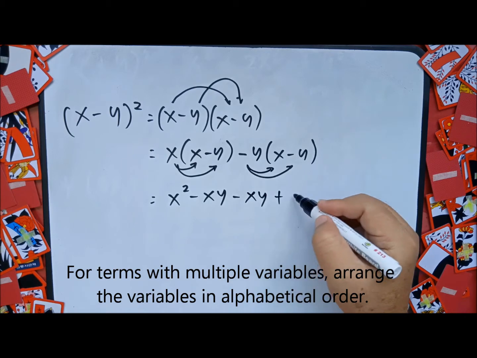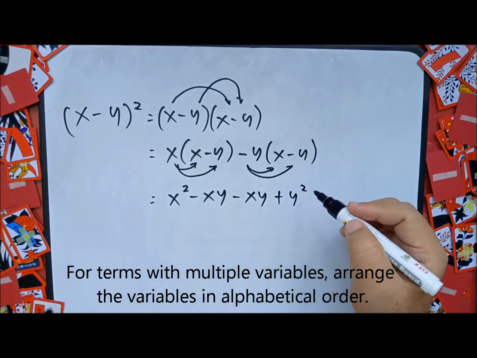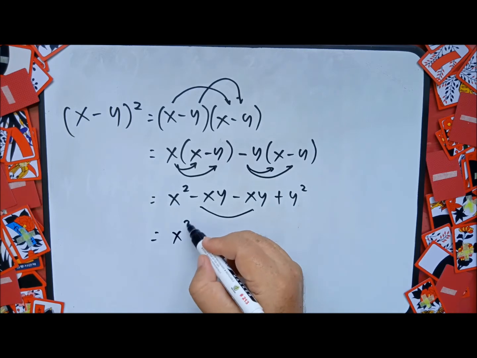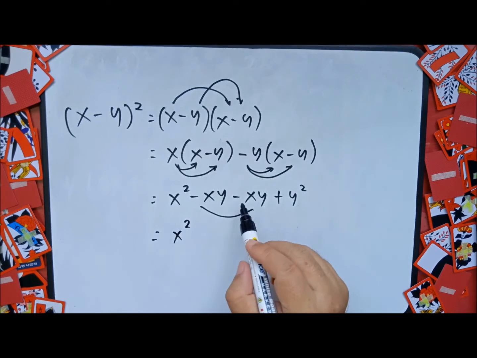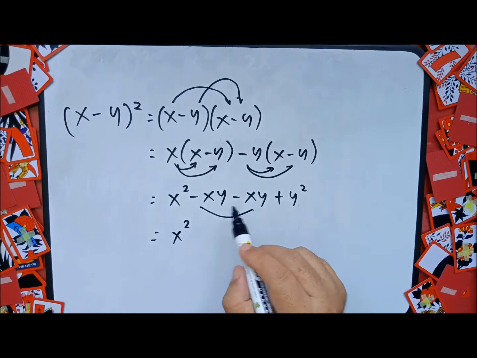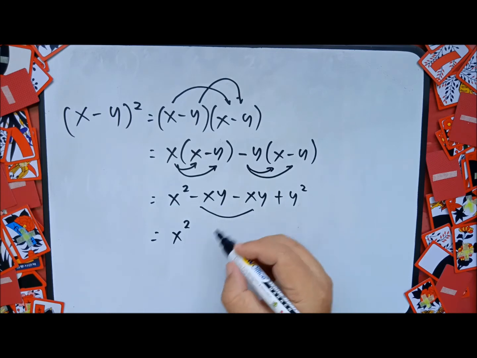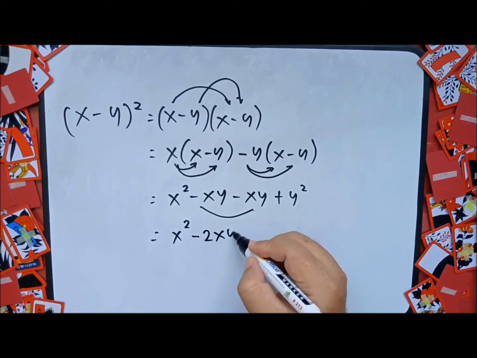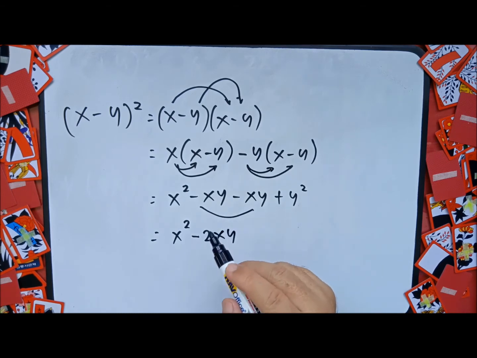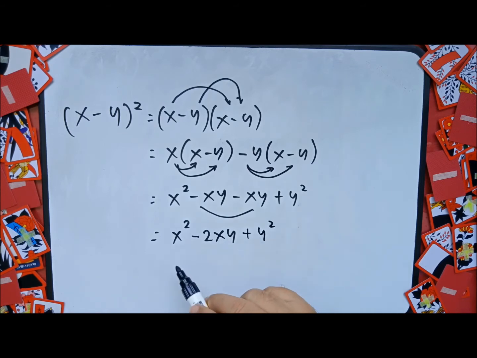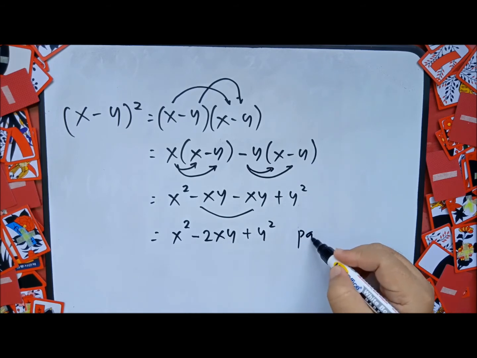Negative times negative will become positive. So combine like terms again. This will become what? x squared, negative 1 plus negative 1. You have to add the absolute values and prefix the common sign. Negative and negative, negative. 1 plus 1 is 2. Then copy the variables; do not add the exponent. Plus y squared. So this will be our pattern.